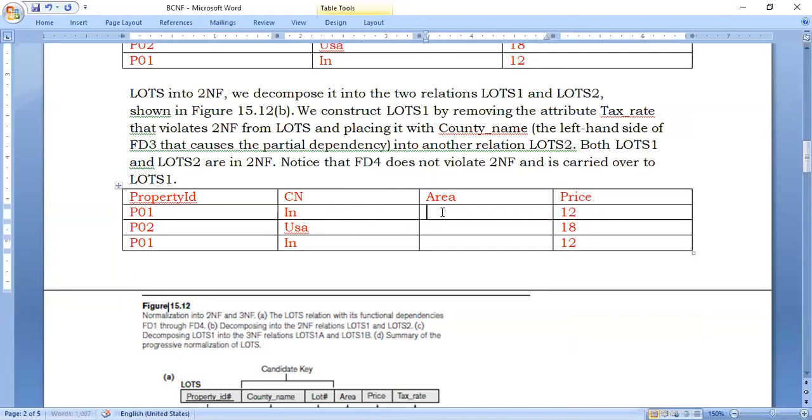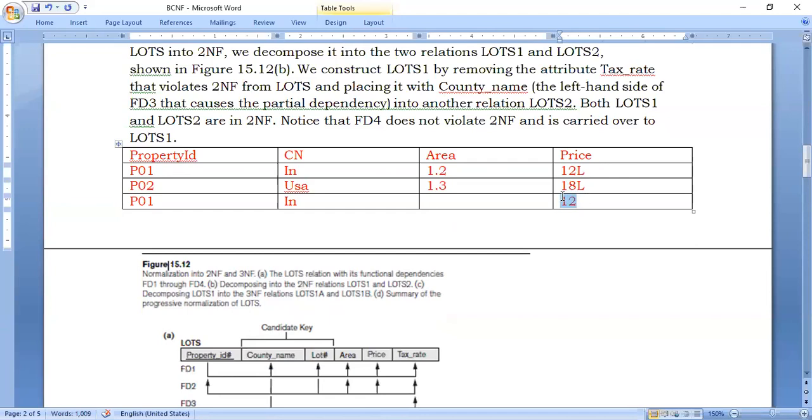So if the area is 1.2 acres, the price is, suppose, fixed at something around 12 lakhs. And then there is 1.3 acres, with a price of 18 lakhs. Just dummy values. Don't try to actually analyze them.